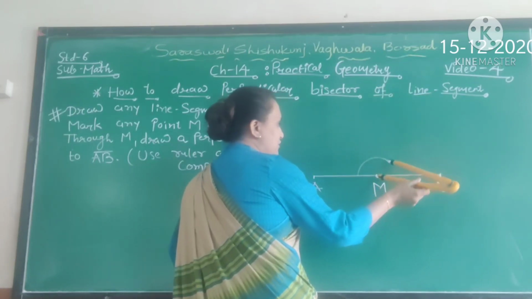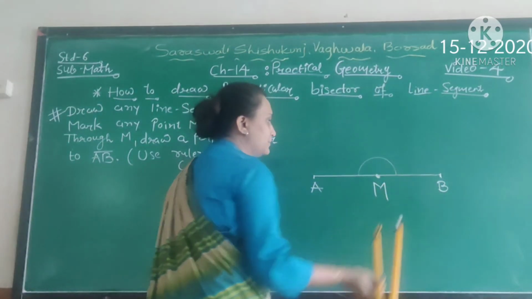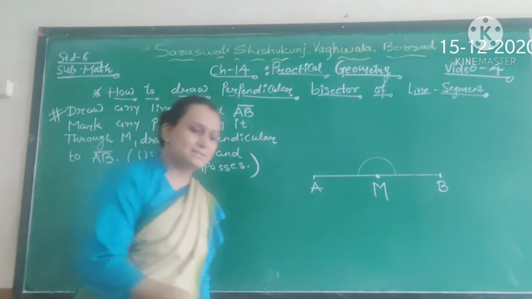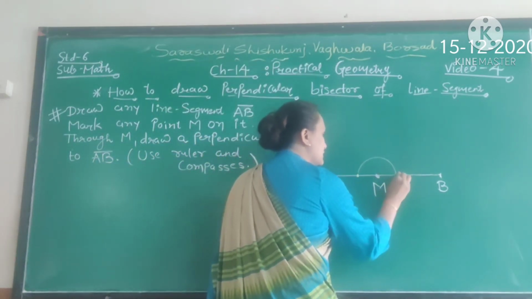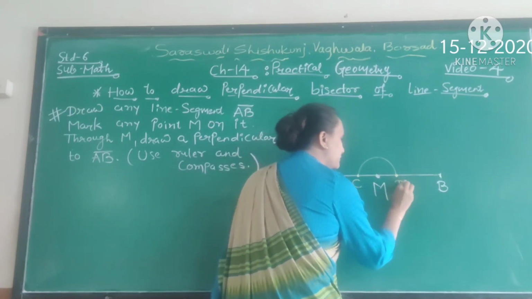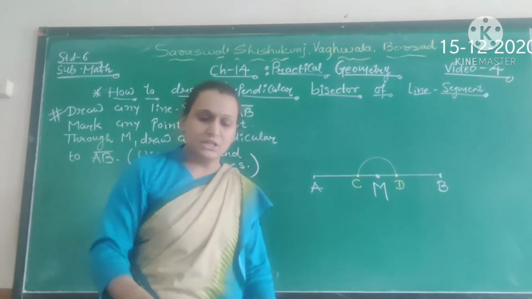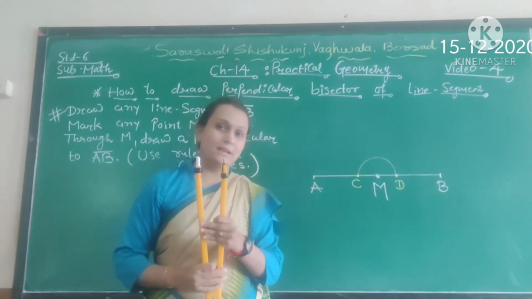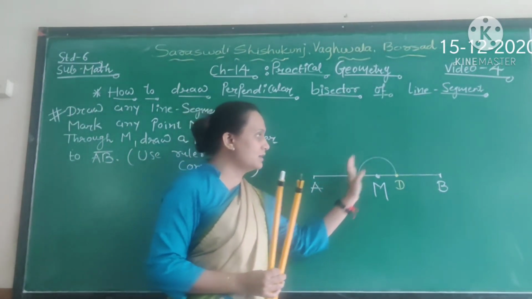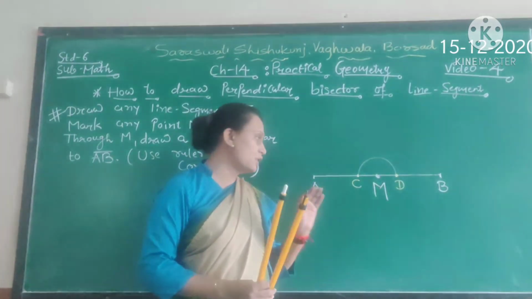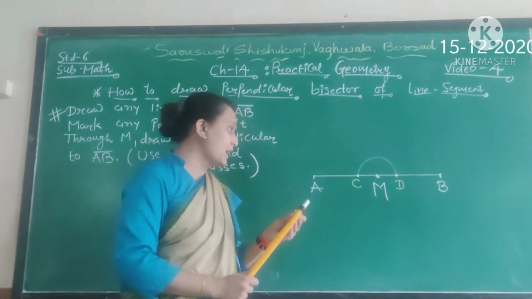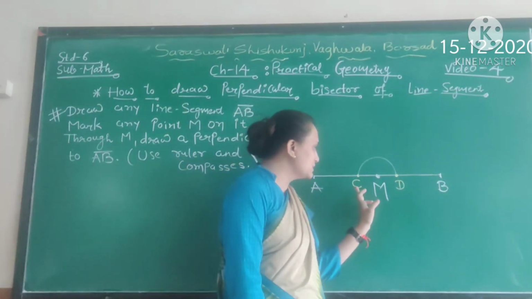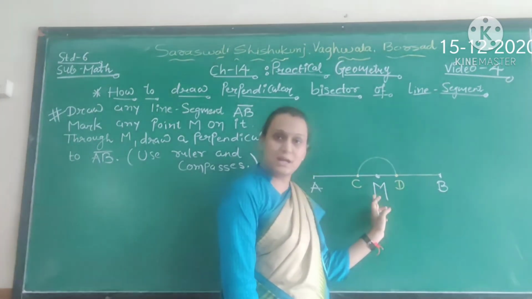Let us name the points C and D. With a convenient radius, with the help of the compass, we draw a semicircle because from point M we want our perpendicular bisector. Now you can see the distances CM and DM are both the same.